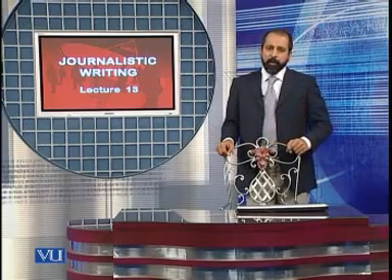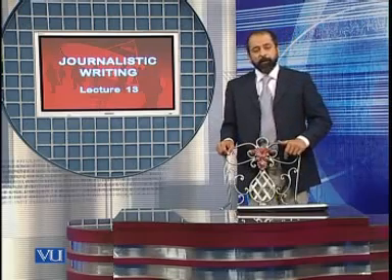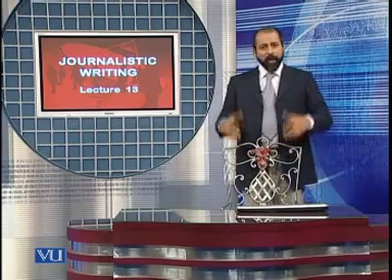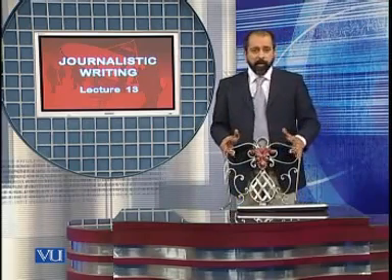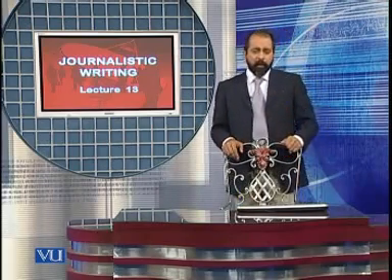Now, second type of linking words which we use, we call them correlative conjunctions. Now, correlative conjunctions actually we use in pairs. If you remember, we use both and. Is both this and this.